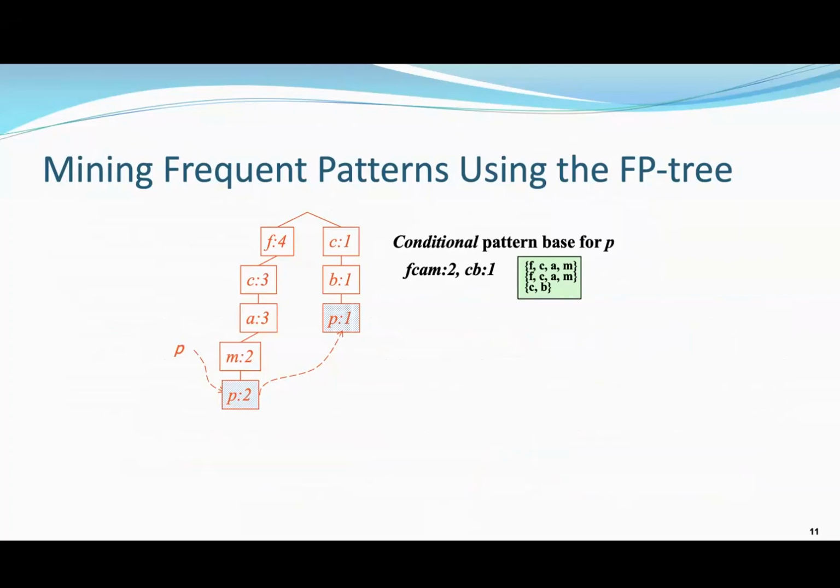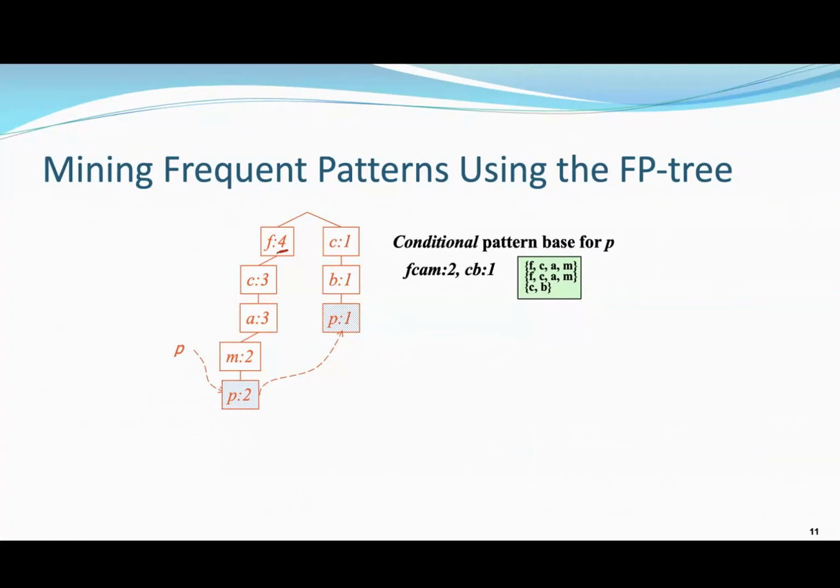All right. Now, notice that we have some counts in the nodes. For example, this F4. What is that for? That 4 means the number of transactions in the whole database that have F as the prefix in the transactions, right?